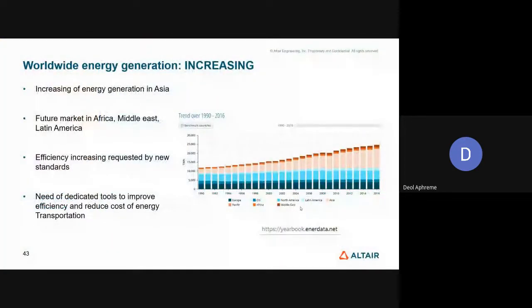As you can see, the worldwide energy requirement is increasing, and even the generation is increasing. In developed countries like the European countries, or in North America, where we have America and Canada, there isn't a huge amount of increase. It's very minimal.